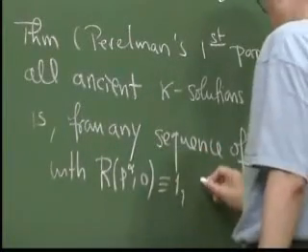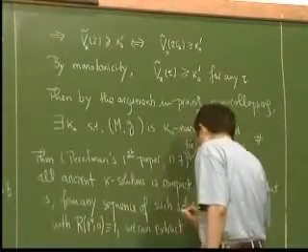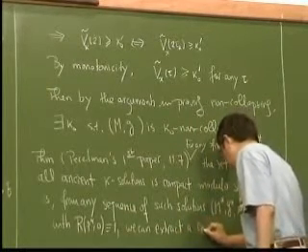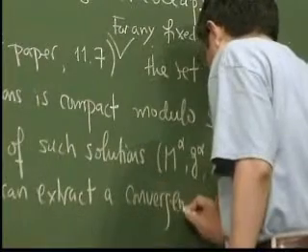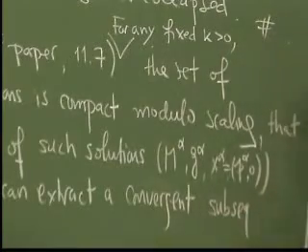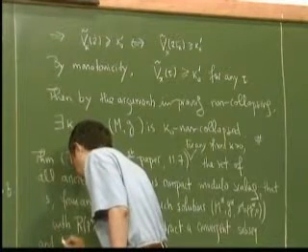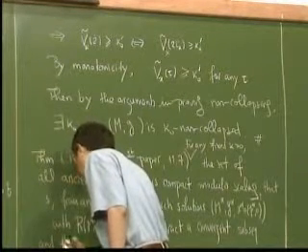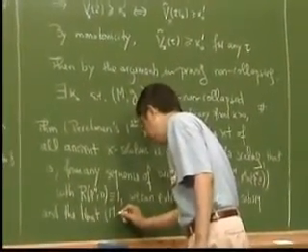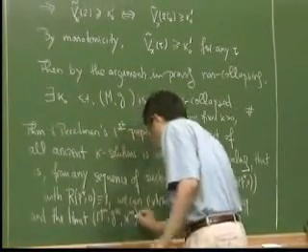So from here we can extract a convergent subsequence, a smooth convergent subsequence. And the limit, say M infinity, g infinity, and x infinity, belongs to the same class.